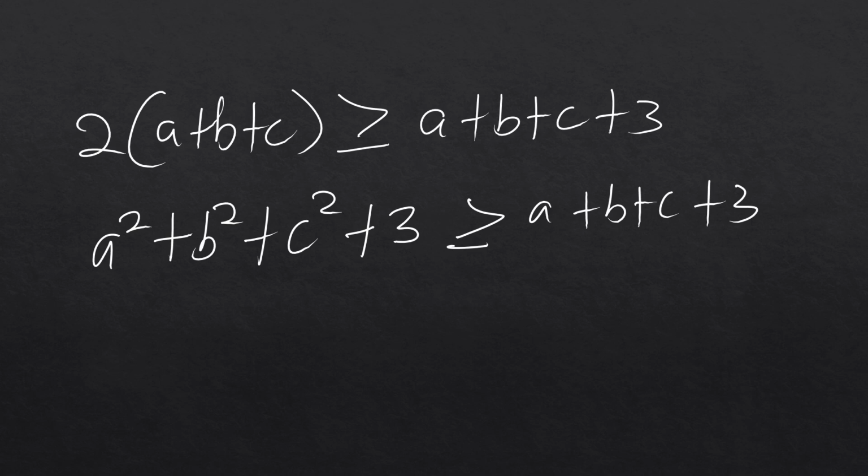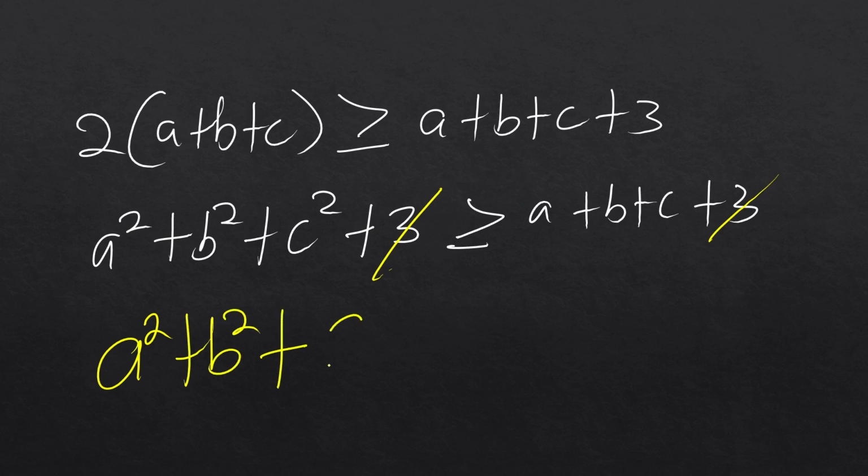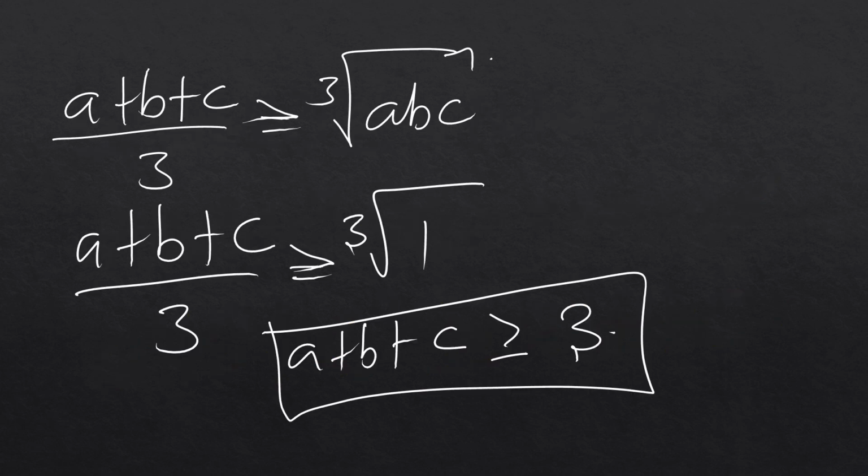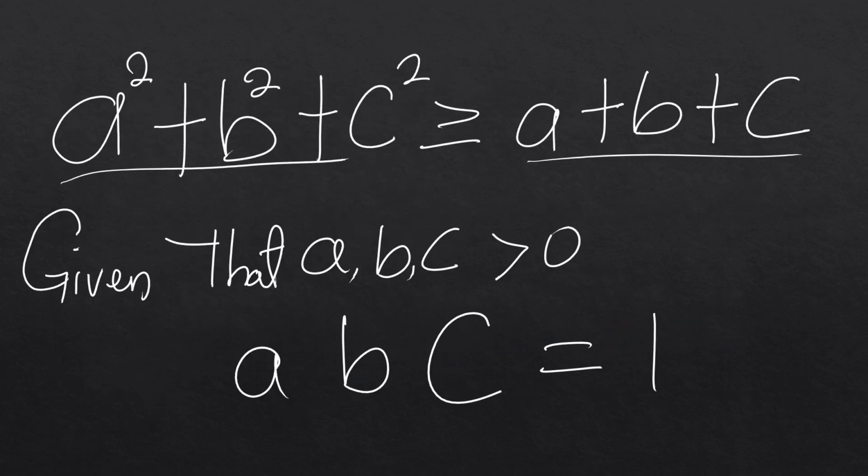We have established those facts, so what we're looking for is already looking easy. So all we need to do is subtract 3. So the final proof is a squared plus b squared plus c squared is greater than or equal to a plus b plus c.